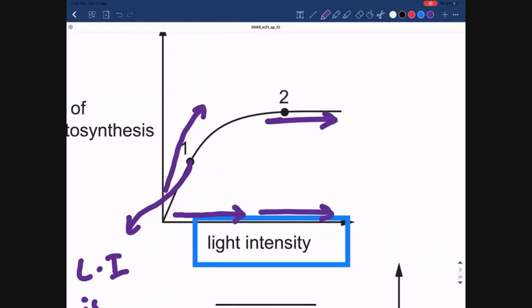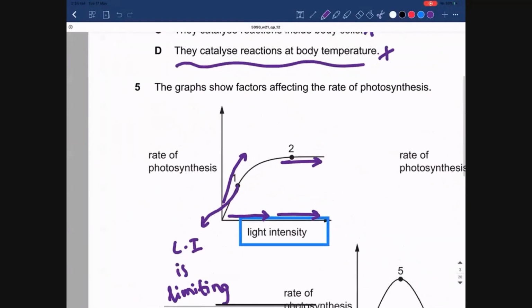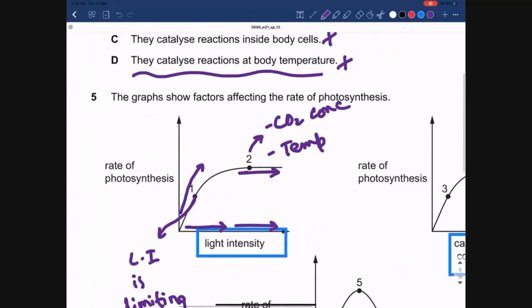This means that light intensity is not a limiting factor. Any other factor can be limiting, such as CO2 concentration or temperature could be limiting. Any one out of 2 could be limiting.